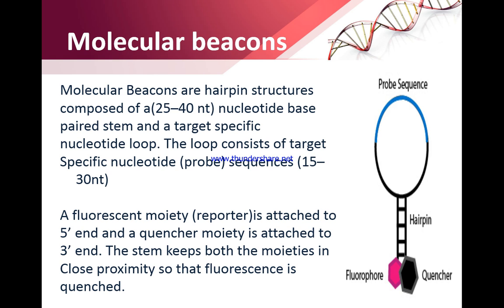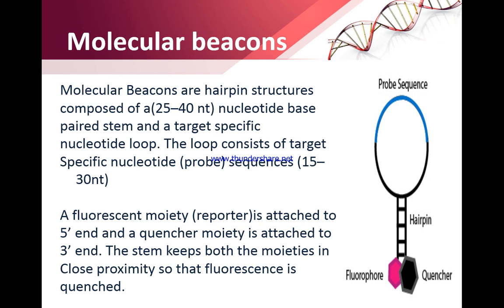Molecular beacons. Probe sequence before binding or annealing to the target DNA molecule. Molecular beacons are hairpin structures composed of a 25 to 40 nucleotide base-paired stem and a target specific nucleotide loop. The loop consists of a target specific probe sequence of 15 to 30 nucleotides.